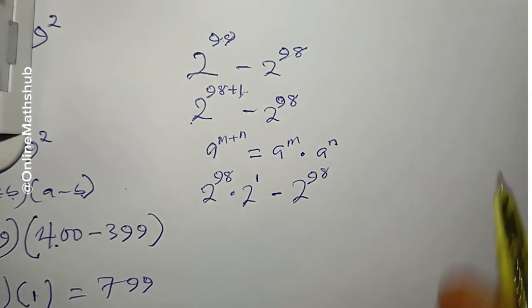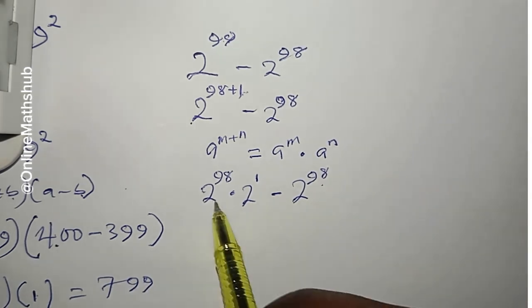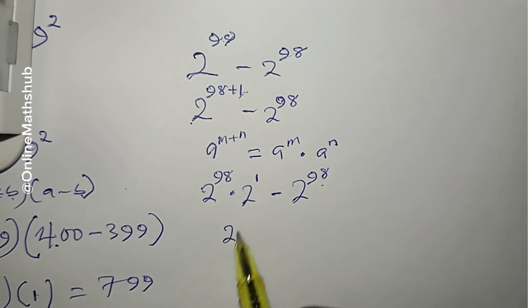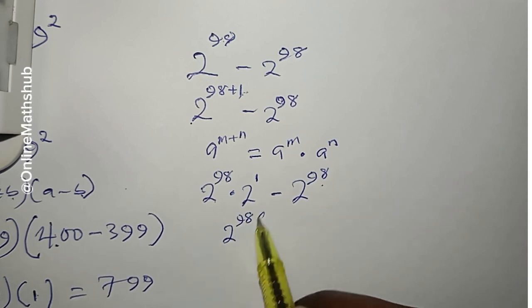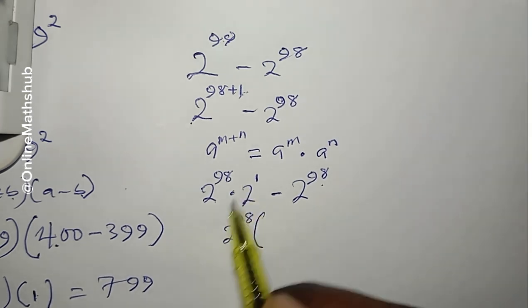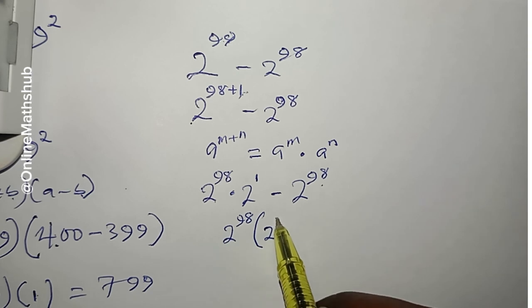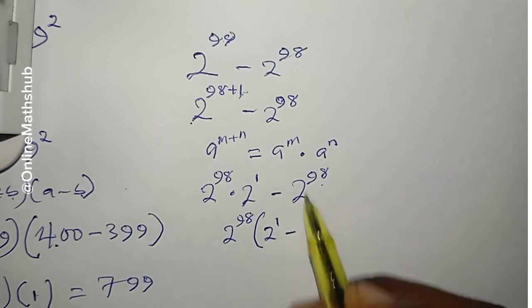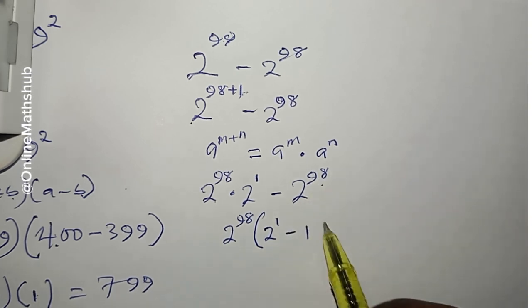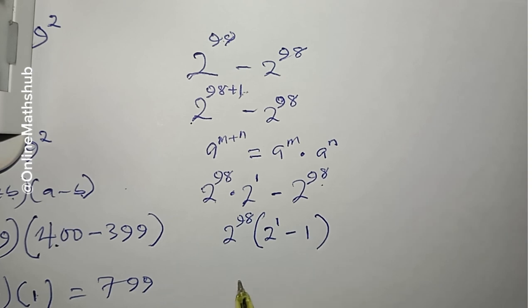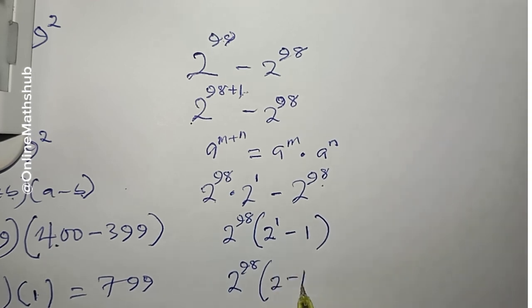The next thing I want to do is to factorize a common term right here. You can see that 2 power 98 is common here. If I factorize it here, 2 power 1 will be left, minus, if I factorize 2 power 98 here, 1 will be left. So 2 power 98, and if I evaluate what is inside the bracket, 2 power 1 is equal to 2, so I'm going to have 2 minus 1.